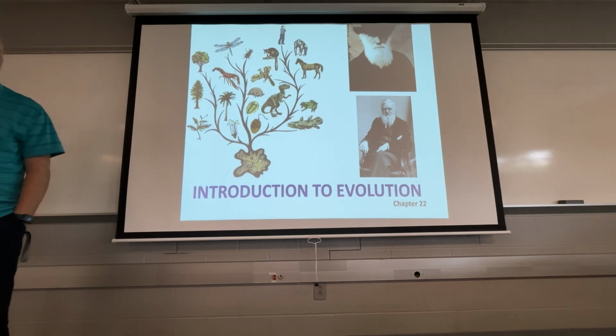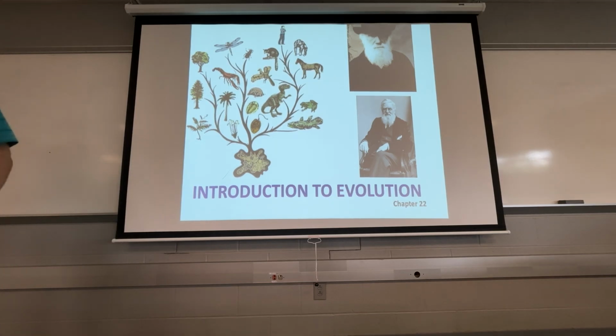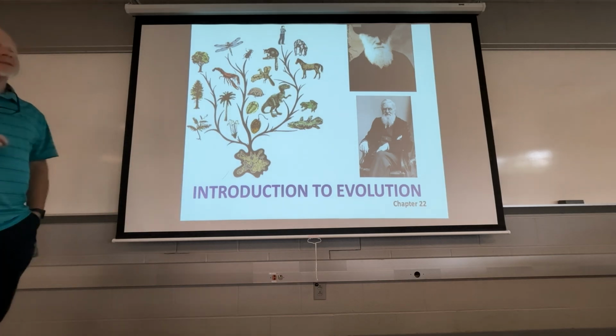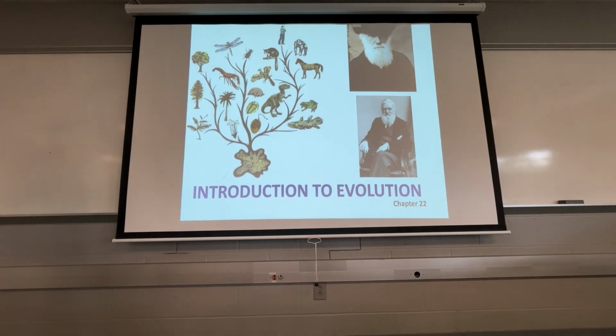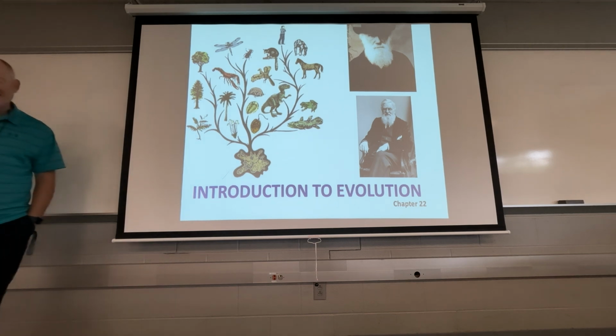So I assume all of you have talked a little bit about evolution in high school, right? Different teachers teach it in different ways. A lot of high school biology classes have compromised and kind of mixed creationism with evolution. And it just doesn't work very well as far as the scientific basis of evolution.